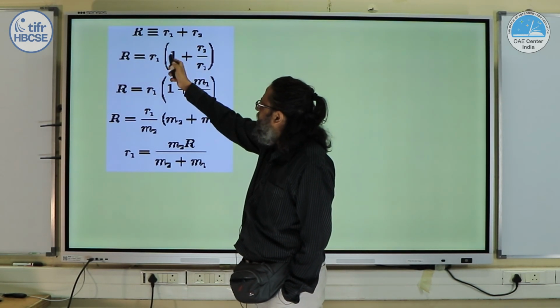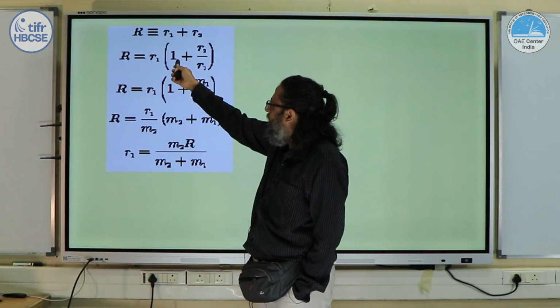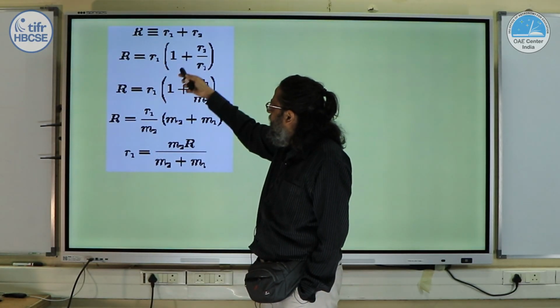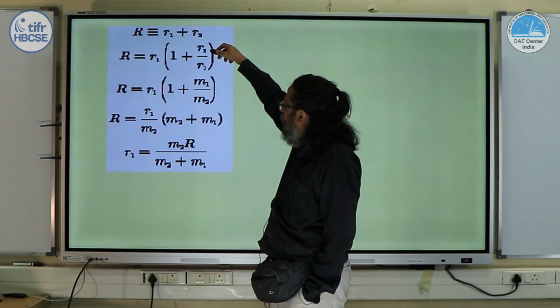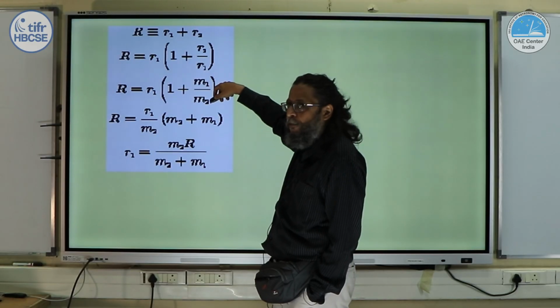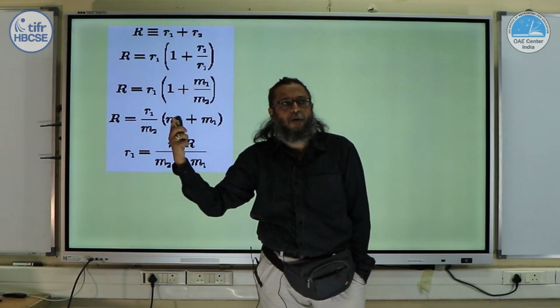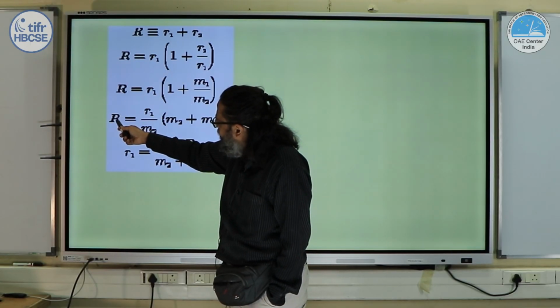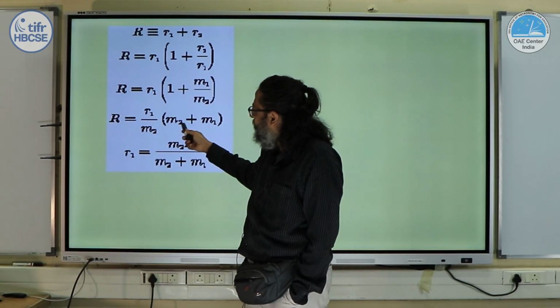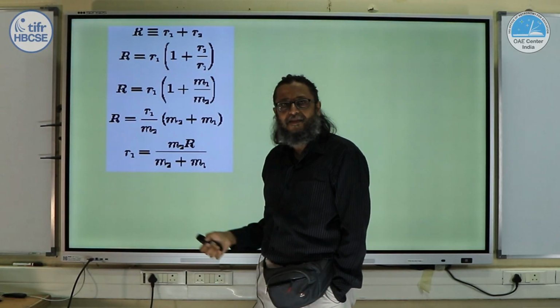Then you just do the mathematical jugglery, take R1 out, and from a previous relation, we know R2 upon R1 is M1 upon M2, because M1 R1 is equal to M2 R2. And hence you can write this separation in terms of the masses.